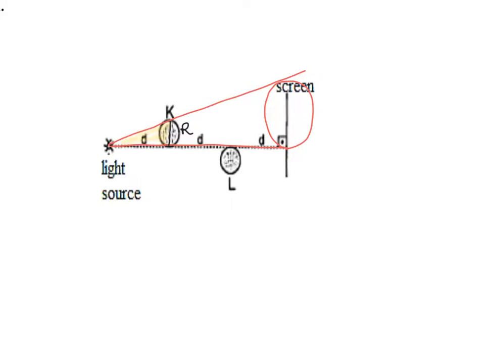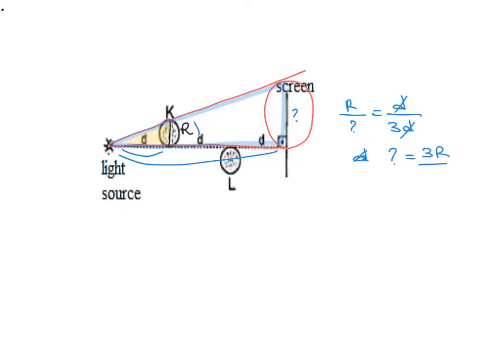This triangle is similar to this triangle. So from the similarity, R over this distance should be equal to D over this distance 3D. So you can say that the unknown diameter of the shadow is equal to 3R.